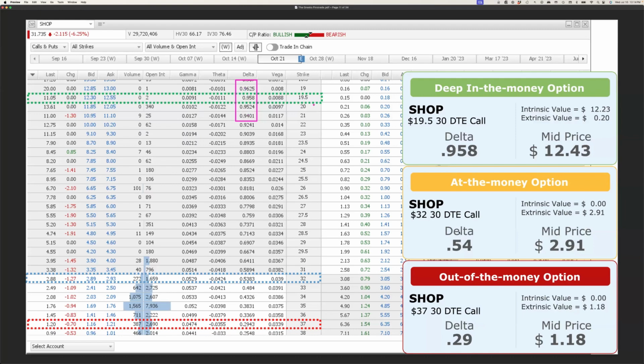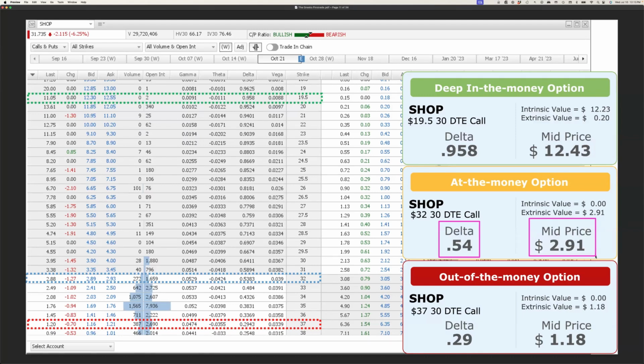Okay. Versus if, let's say, you took a call option that was at the money, right? A $32 call option. This is an option that's basically at the money because the current stock is trading at 31.73. As you can see, that has a delta of 0.54, and it costs you only $2.91. So here your trade costs you a little less than 10% of the stock's value.